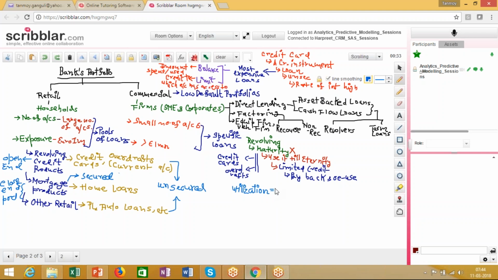Utilization is comprised of two parts. Utilization shows how much of the balance has been used relative to the amount of limit that was granted.